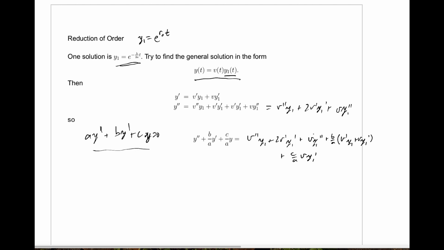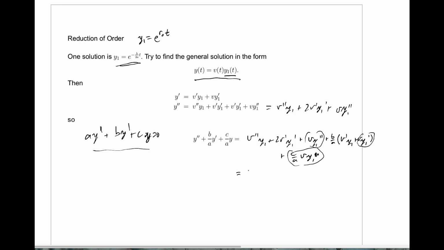So if we look at the terms that I circle here, this term plus b over a times this term plus c over a times this term, these circled terms amount to just the function v times y1'' plus b over a y1' plus c over a y1. This should be just y1, not y1 prime. And so the sum of those circled terms is exactly 0.